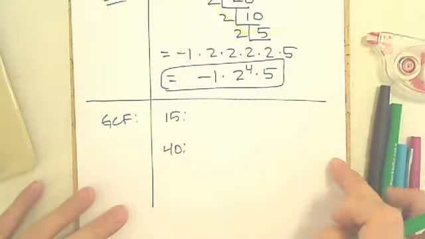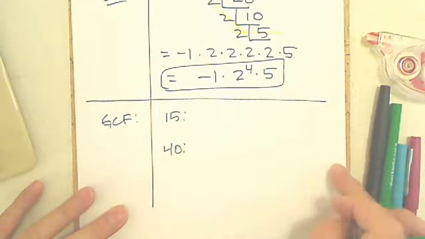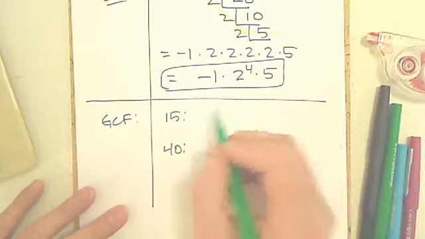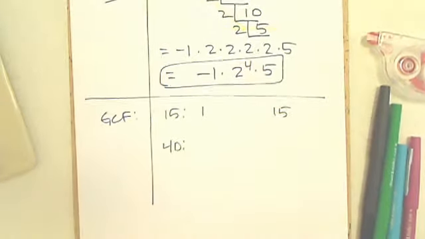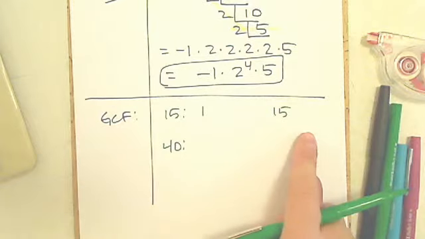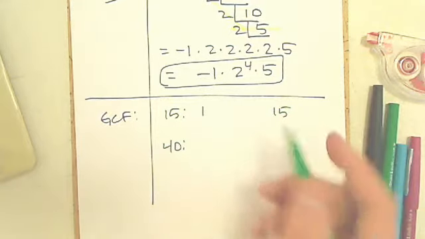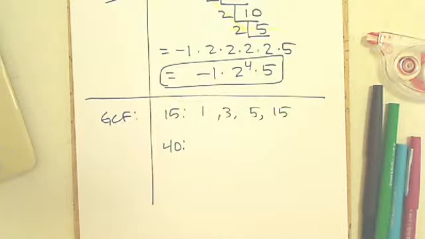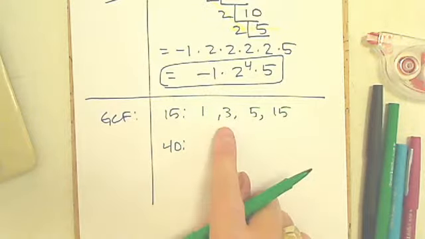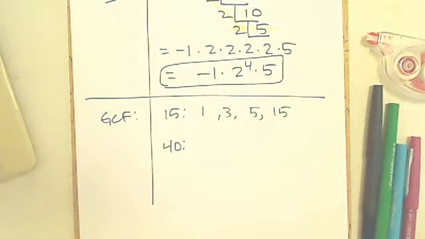So, you've seen GCF like this, correct? Where you go across, and you list out all the factors. So start with 1 and 15, right? 1 times 15 is your first factor for 15. 2 is not. 3 is. 3 and 5. Those are all of your factors for 15. Simple.